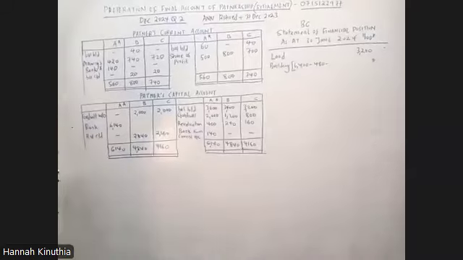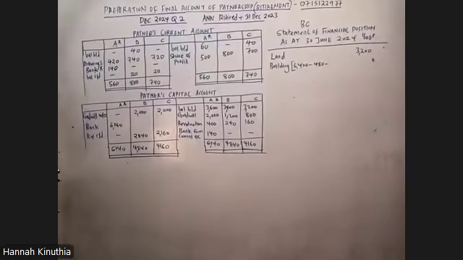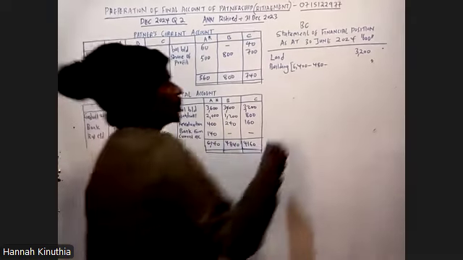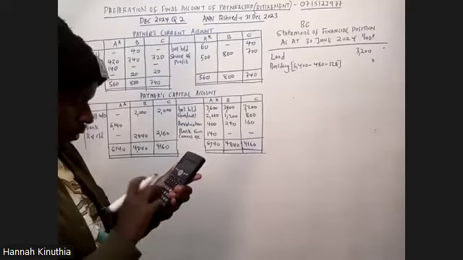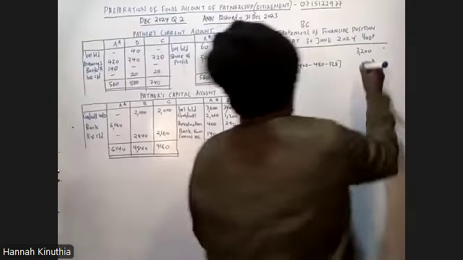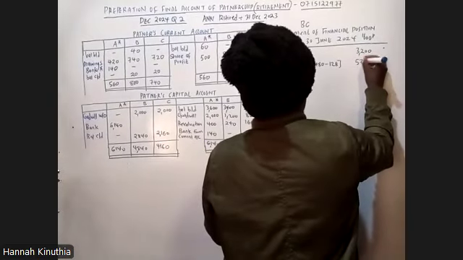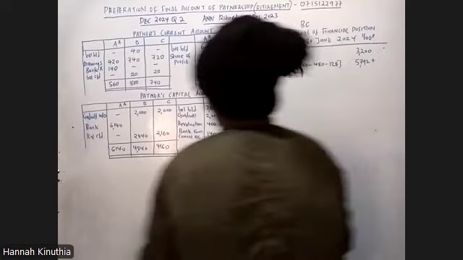Depreciation mnipe juu nilivuta. What was the depreciation? Depreciation kwa ngapi? 128. Sivyo? Was it 128? Yes. So 6400 minus 480 minus 128. 57.92.